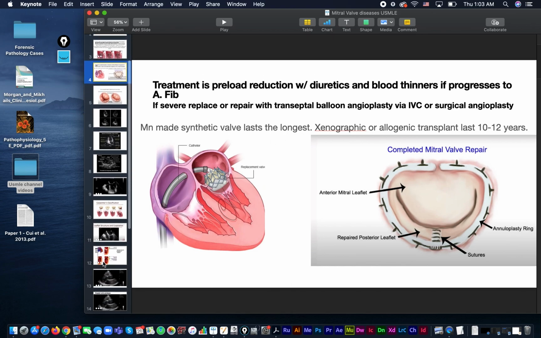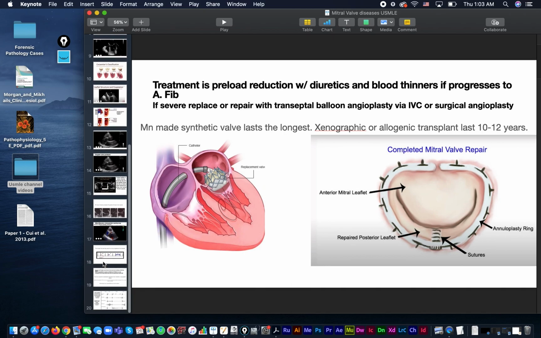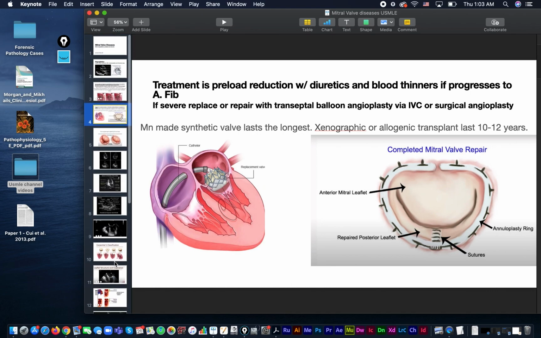First of all, before we do this slide, let's look at regurgitate. Well, no, let's do this slide. Okay, so you can do a balloon catheter mitral valve replacement using either xenograft or allogenic transplant, which lasts 10 to 12 years, and has to be replaced every 10 to 12 years.